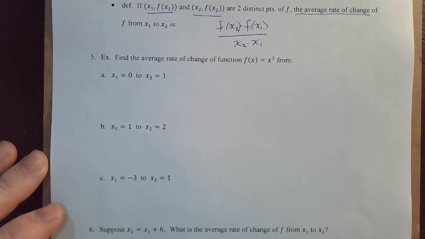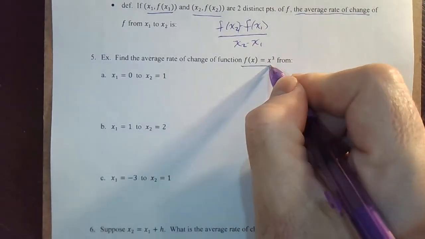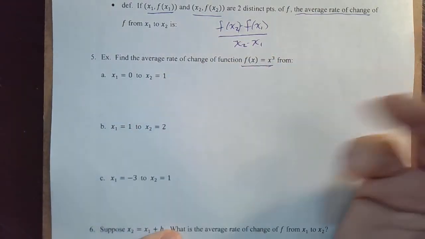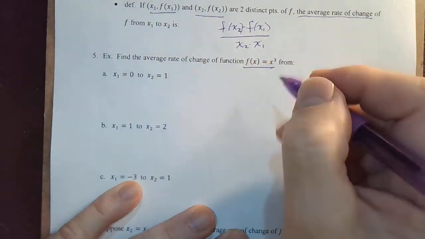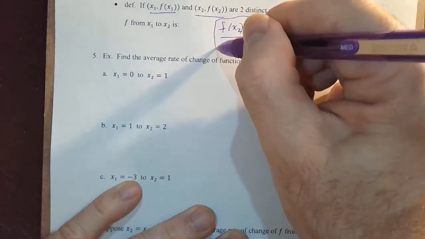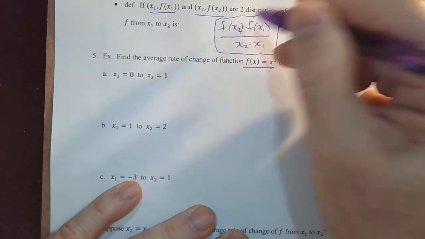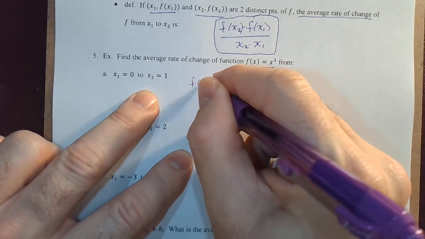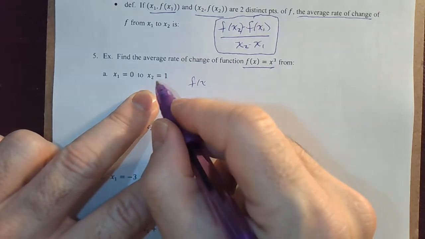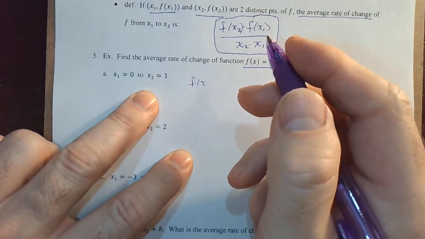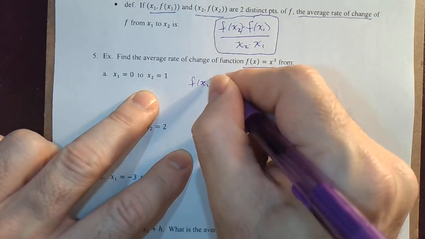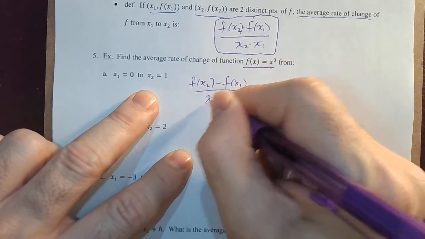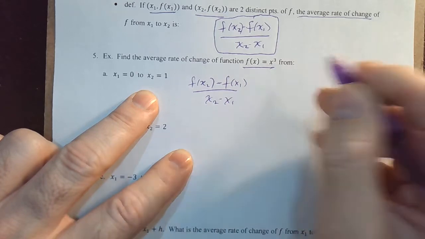All right, let's do an example. Find the average rate of change of this function, f of x equals x cubed, from 0 to 1. We're using this: f of x2 minus f of x1 all over x2 minus x1.